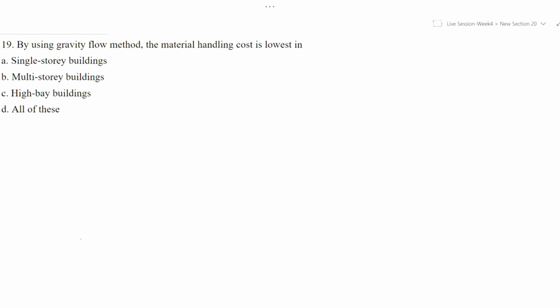So if possible, we can use the movement of material under gravity conditions, like chutes and all those things, for the movement of raw material or semi-finished products or finished products from one level to another. So this in turn can help to reduce the material handling cost. So multi-story building designs can offer the advantage of the use of gravity for material handling purpose.